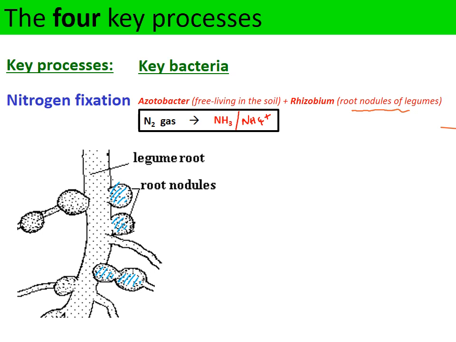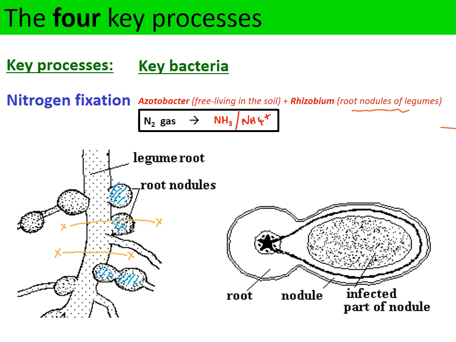So if we took a cross section, say here, X to X, we would see the typical cross section of a root. But if we took a cross section maybe here, a little bit further up, we're going to take a cross section of the root nodule as well. So this is what that would look like in cross section.